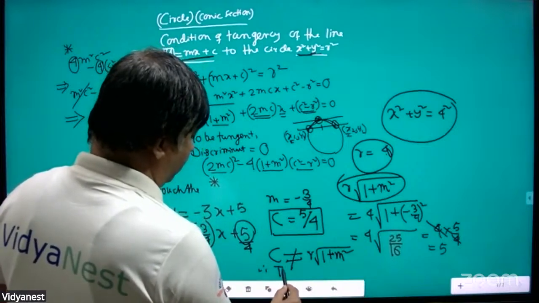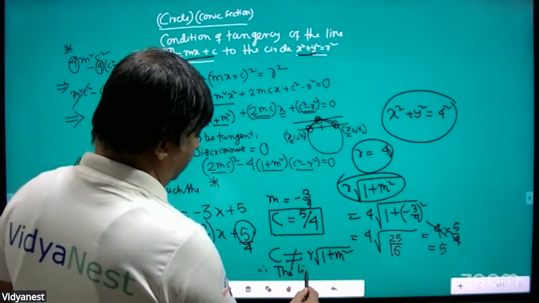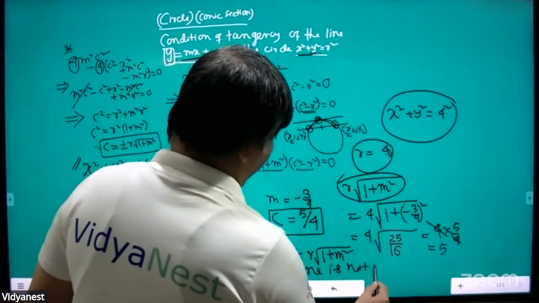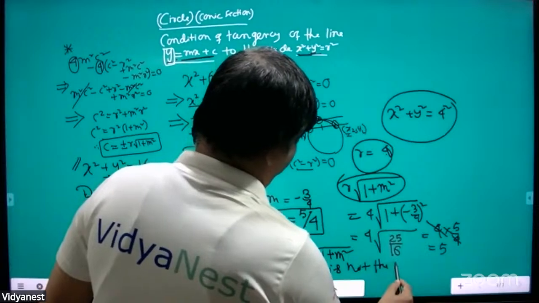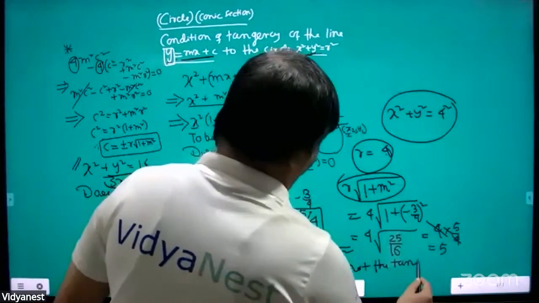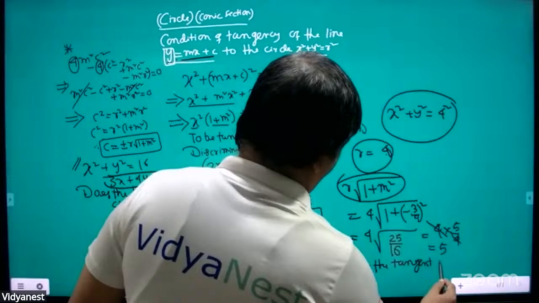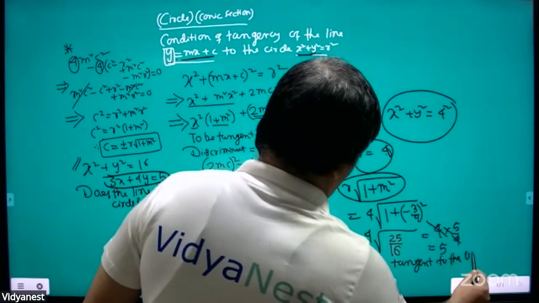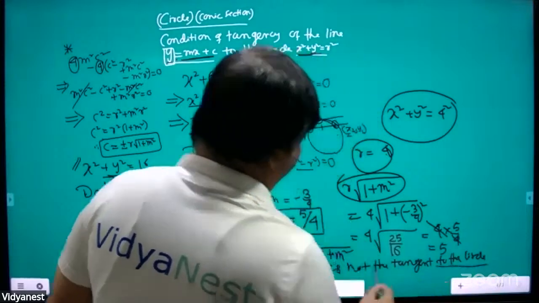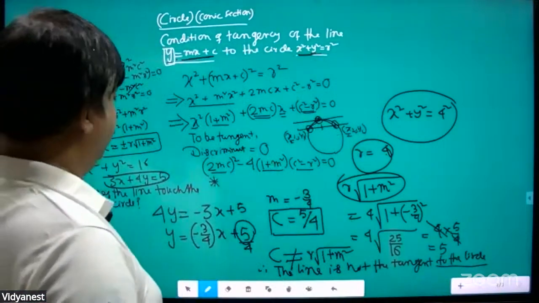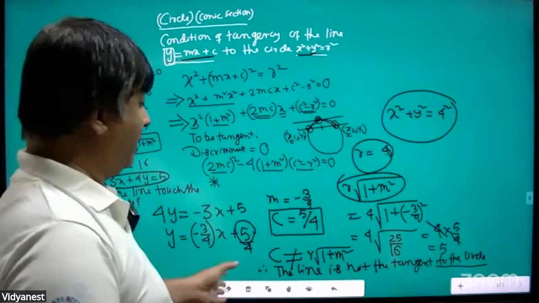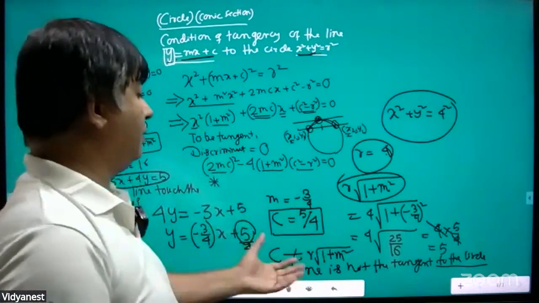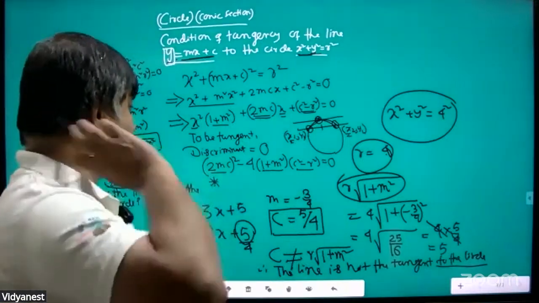Therefore, the line is not the tangent to the circle. Understand? Yes, sir. Had it been equal, then we would have called it the tangent. But here it is not.